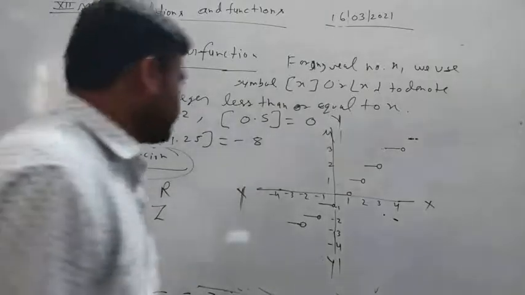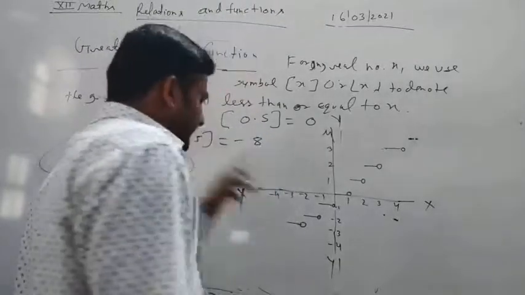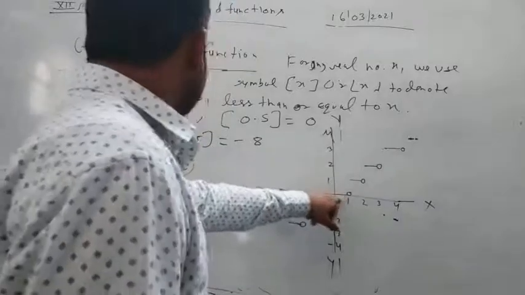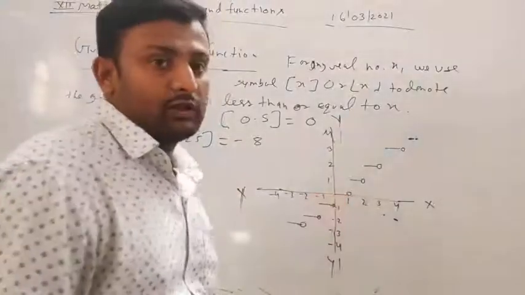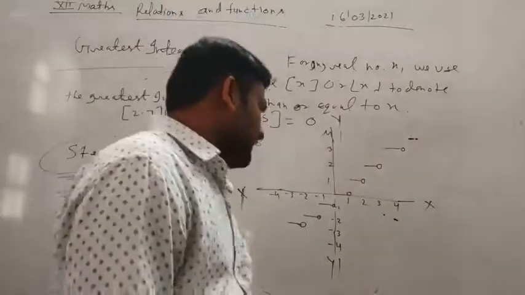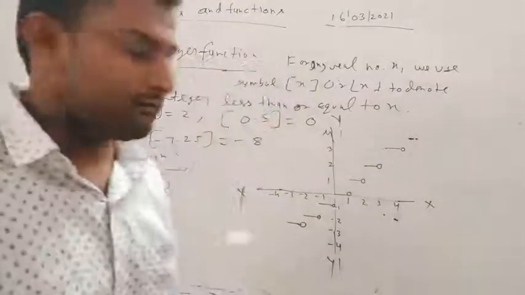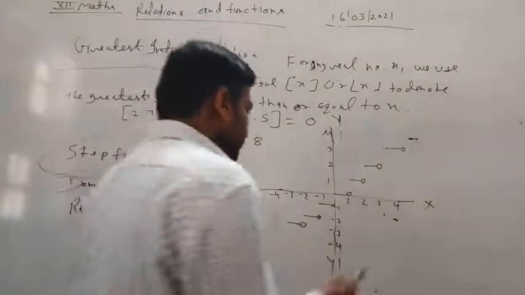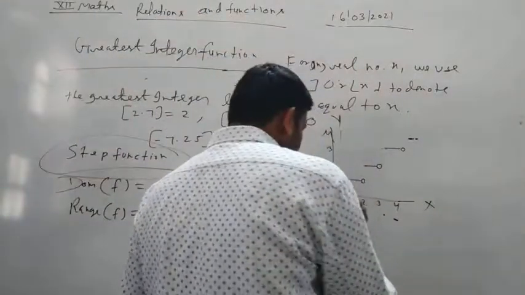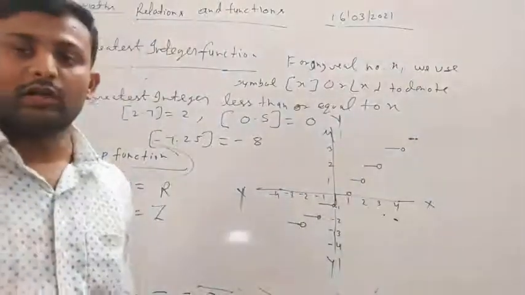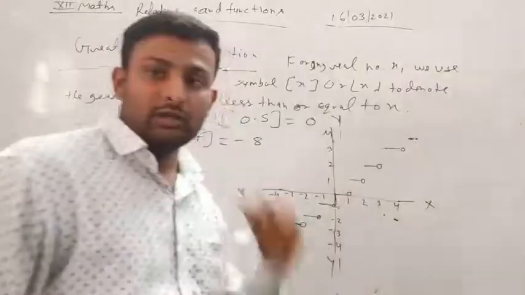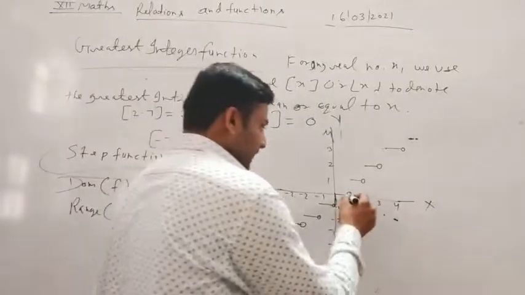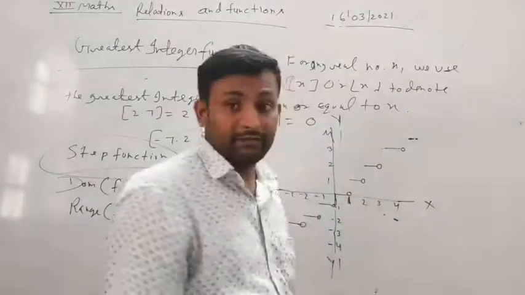Okay students, look, if we take any value from 0 to 1, that is 0.9, 0.7, 0.8, its value is 0. But at 1, as we take 1, it gives us 1.